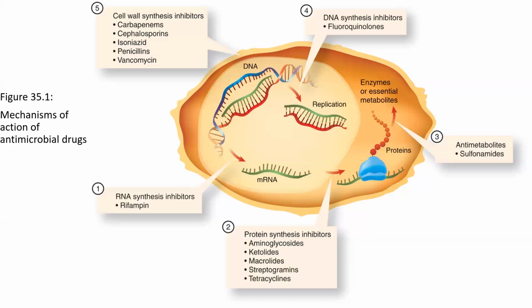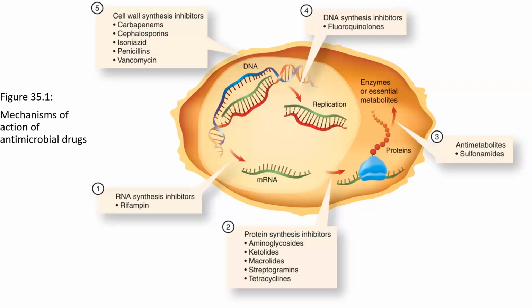So it's antibacterial against TB, for example. Rifampin is one of the main medications or antibiotics for tuberculosis. Number 5, cell wall synthesis inhibitors like the carbapenems, the penem family, cephalosporins, isoniazid, penicillins, vancomycin.